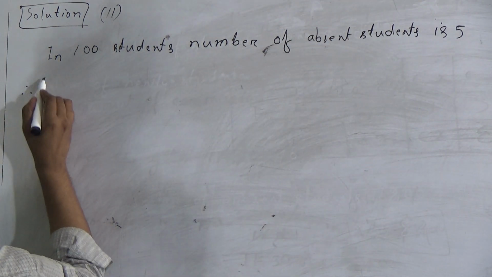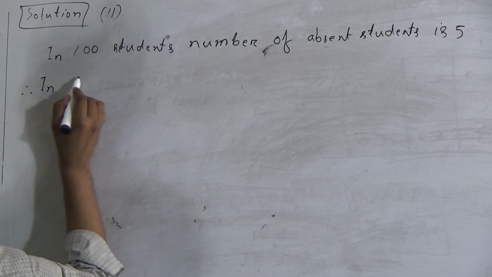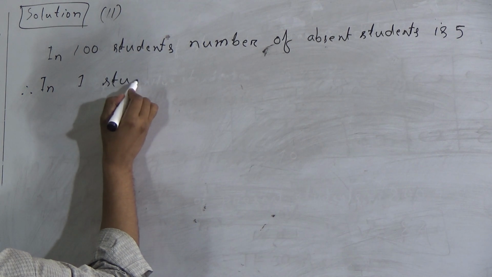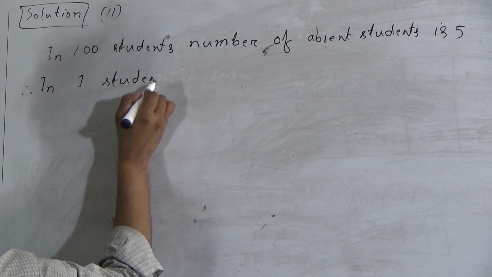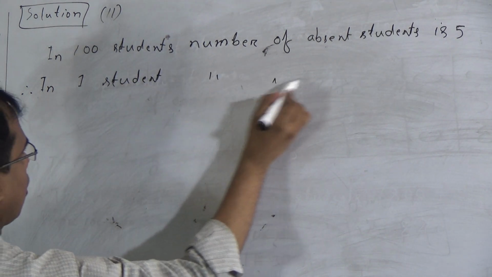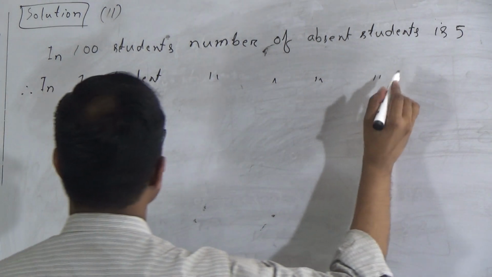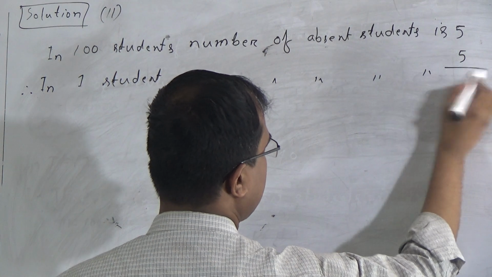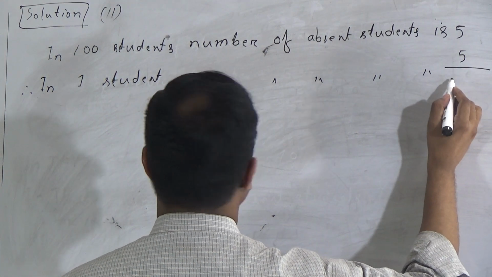Therefore, in one student, number of absent students is 5 by 100.